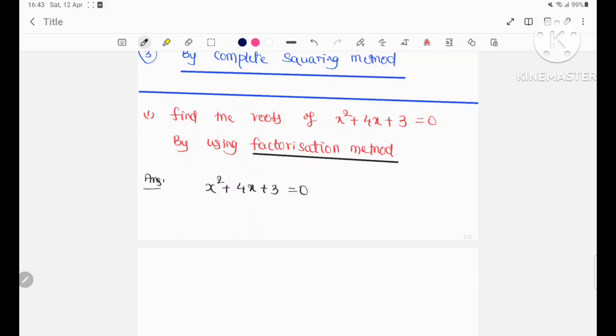After that, the process is, first we compare with ax square plus bx plus c equal to 0. That means the a value is 1, the b value is 4, the c value is 3.